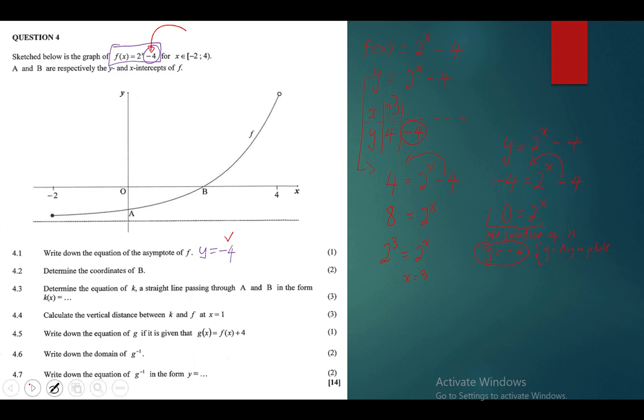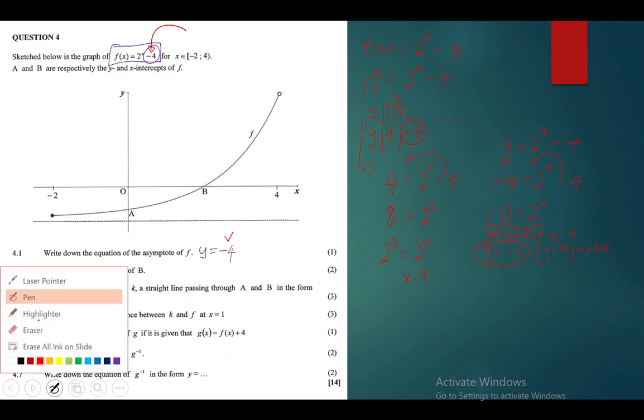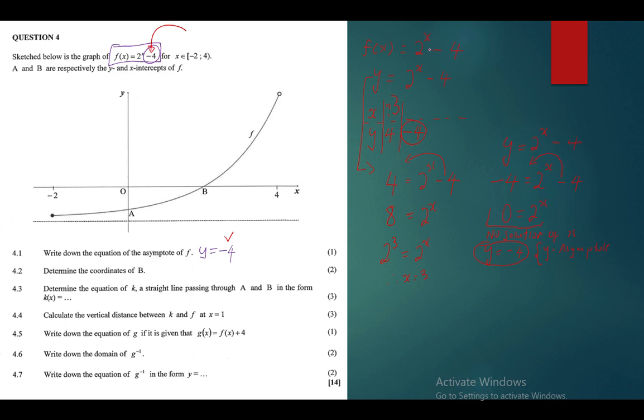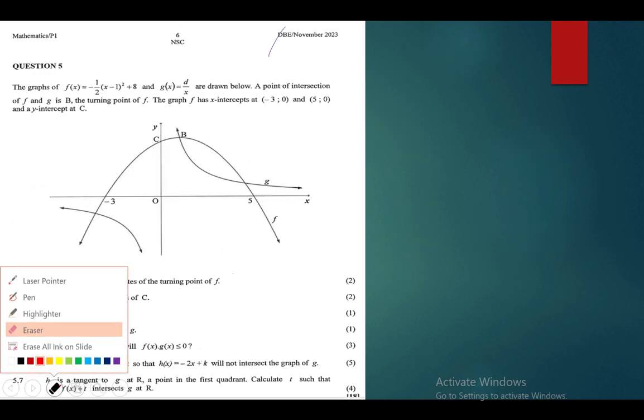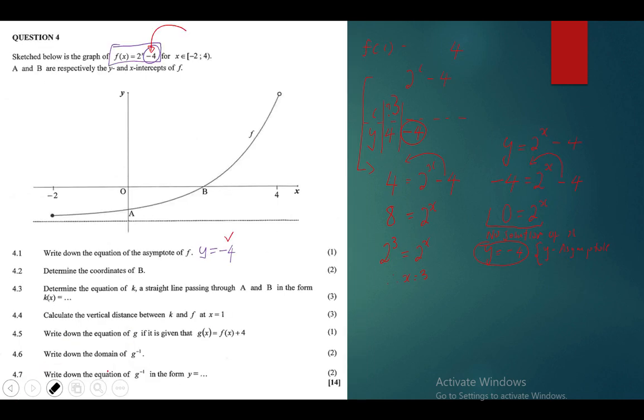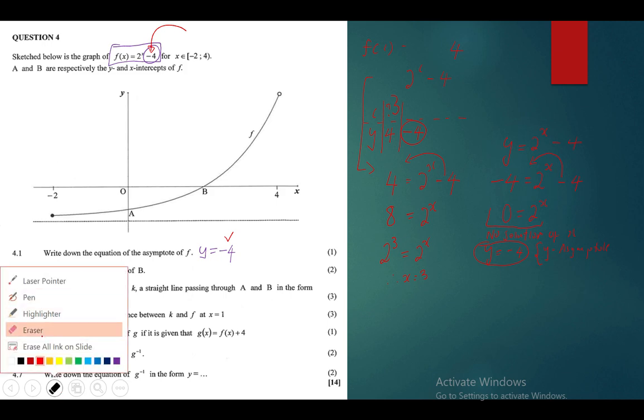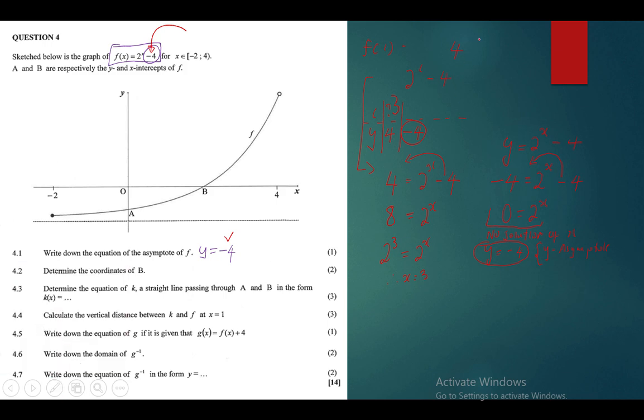Now, suppose, guys, I'm trying to answer this question paper at the same time teaching you ideas of function. I'm not only focusing on answering this paper, getting the correct answers. I'm also focusing on giving you ideas of how to deal with functions on Friday. Remember, you are writing mathematics paper 1.